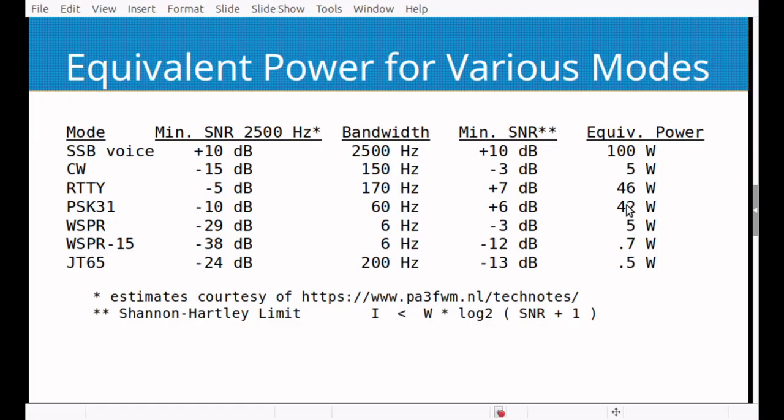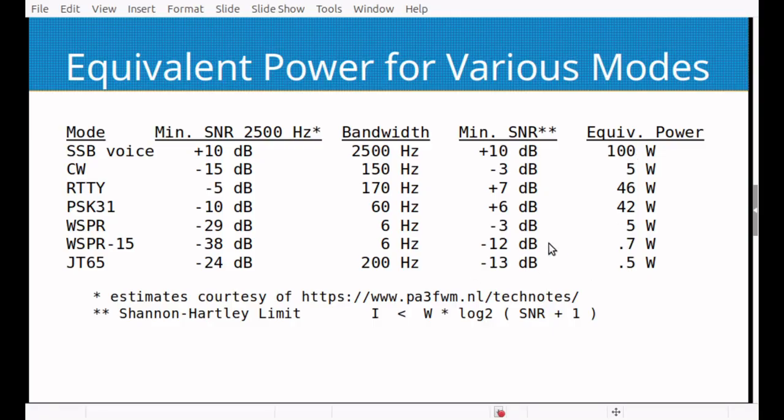RTTY and PSK 31 both need about 40 watts to be equivalent to a 5-watt CW or a 100-watt phone. Whisper only needs 5 watts, and it has the same reach and intelligibility as a 100-watt phone.